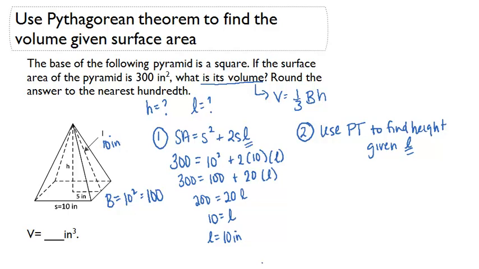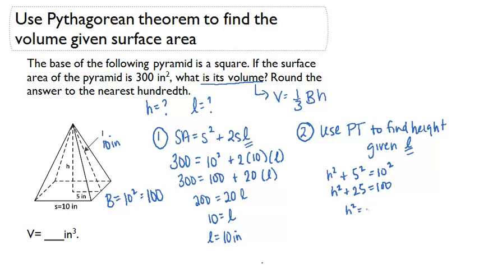Now I'm going to use that slant height to follow step 2. Step 2 says I want to use Pythagorean Theorem to solve for the regular height, so I can plug the regular height into the volume formula. So if I do that, I'll have h squared plus 5 squared equals 10 squared. H squared plus 25 equals 100.